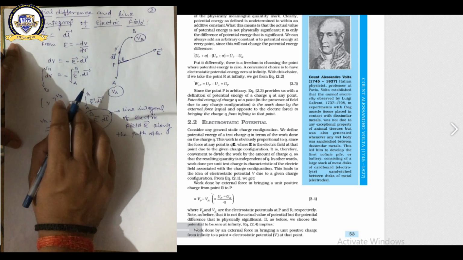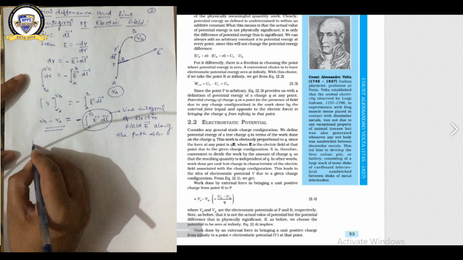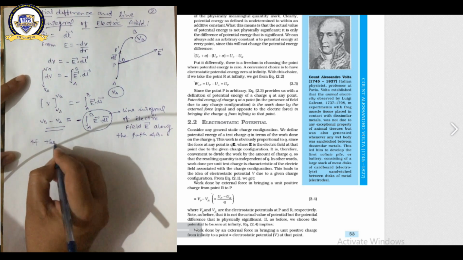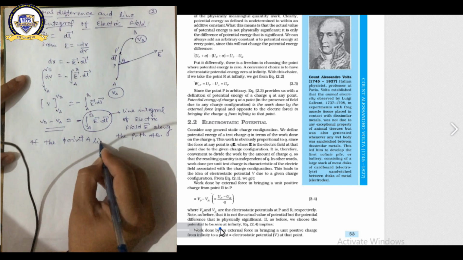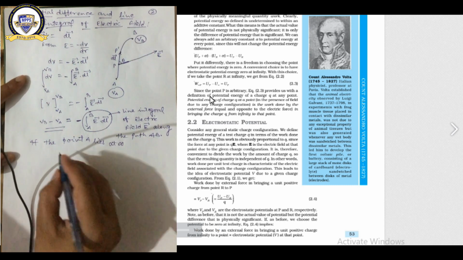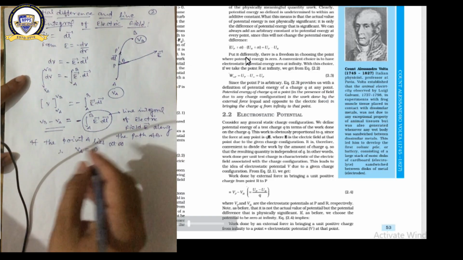Now suppose that the point A lies at infinity. Then the potential at A will be 0.